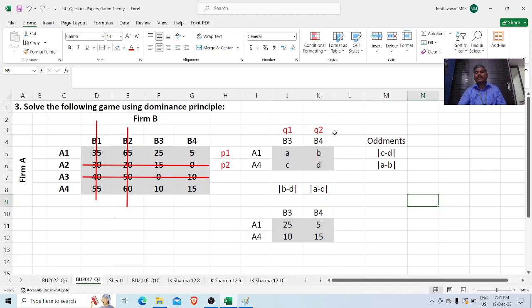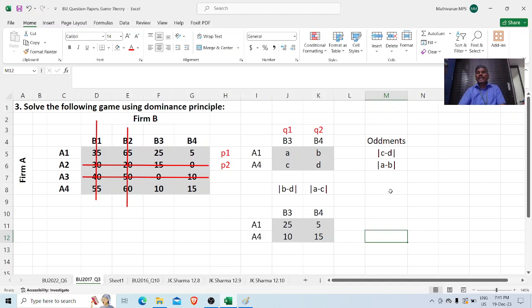To find that, we are using this oddments. Okay. Now quickly we will calculate the values for our matrix involving strategy A1 and A4 and strategies B3 and B4.